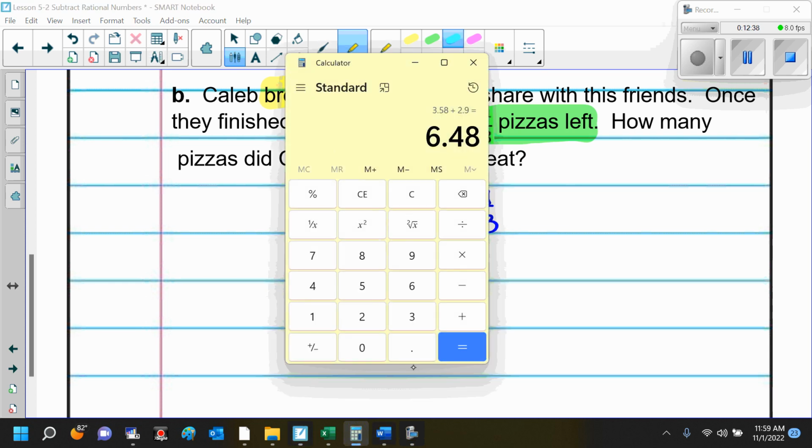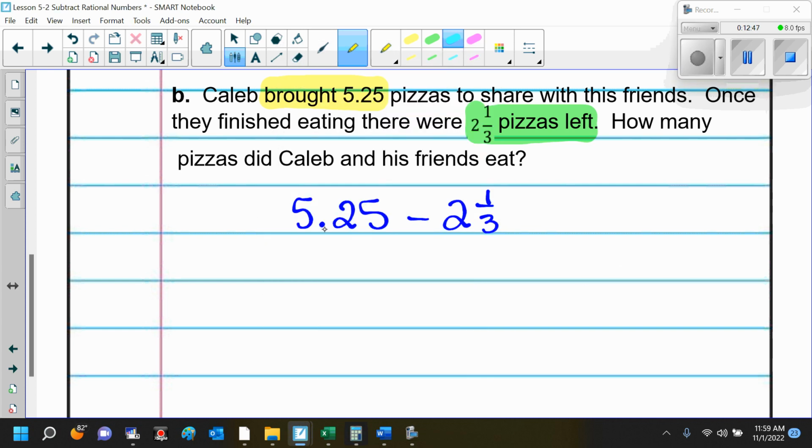If we put this 1/3 in a calculator, 1 divided by 3, that's going to give us a repeating decimal. It's non-terminating. So because it's non-terminating, we do have to use fractions. Very good. So we know what 0.25 is, right? What's 0.25? 1/4. Very good. So we have 5 1/4 minus 2 1/3.